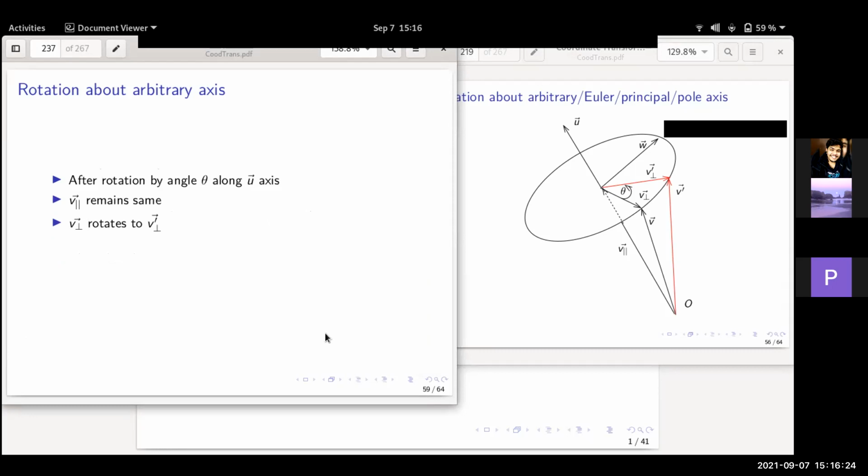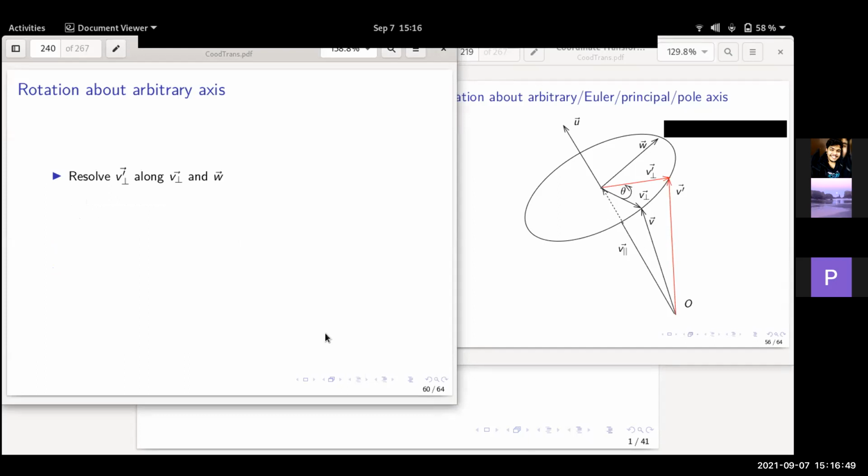Our intention is to compute this. The magnitude of V perp is the same as that of V perp dash. We had already indicated that the rotation operation does not change the magnitude of vectors. So the magnitude of V perp is equal to the magnitude of V perp dash.